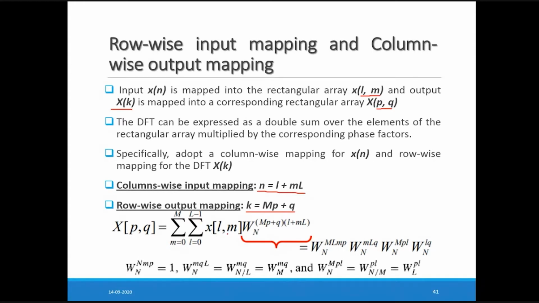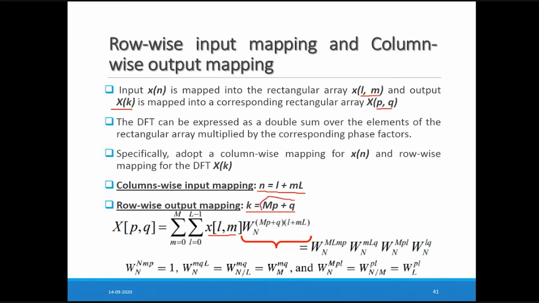Here earlier we used the term n. Now this n term is replaced with the rectangular array l comma m. And here this is nothing but the twiddle factor, omega n raised to MP plus q. This is the equation we are using for output.